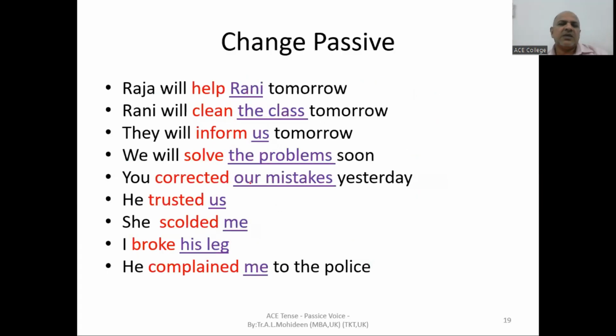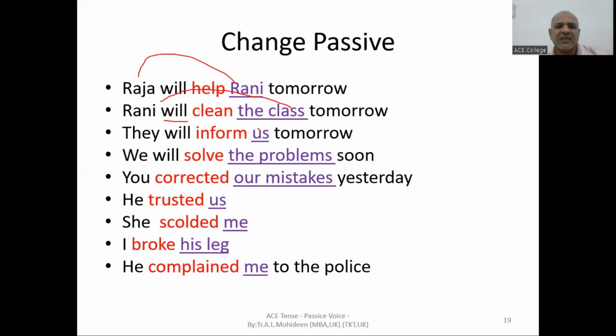So now you can change them into passive. Raja will help Rani. So you have to bring Rani at the beginning. Then you change will into will be. Rani will be helped by Raja tomorrow. Then Rani will clean the class. So you bring the class at the beginning, then change will to will be. The class will be cleaned by Rani tomorrow.